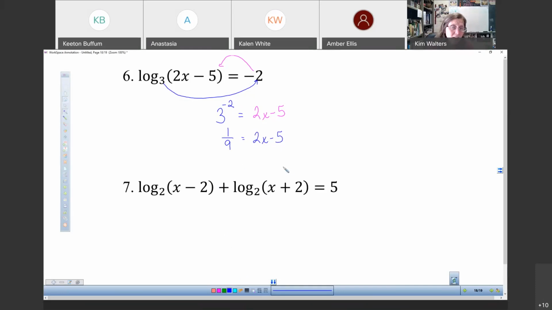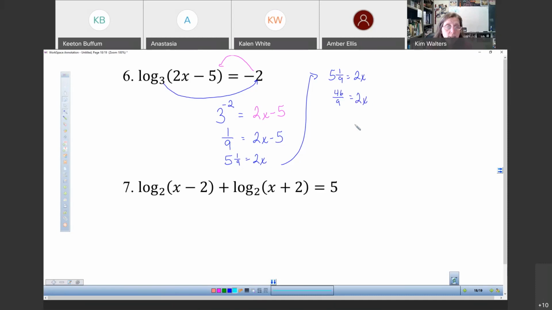I know y'all don't particularly like this, but we're going to add 5 to both sides. That gives me 5 and 1/9 is equal to 2x. I'm going to rewrite this over here. 5 and 1/9. I'm just rewriting it. I'm not doing anything magic yet. I really need this to be a fraction. 9 times 5 is 45, plus 1 is 46/9 is equal to 2x.